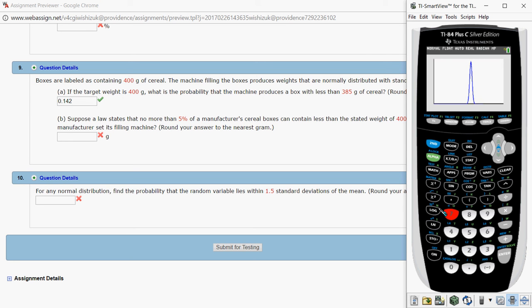It's almost there. Then hit enter. It came out a little bit too low, so I have to go down a bit.